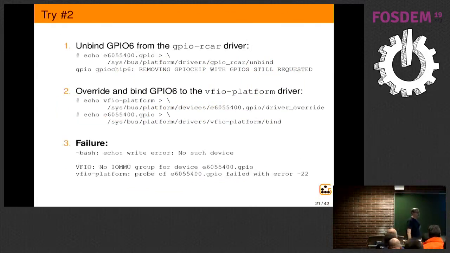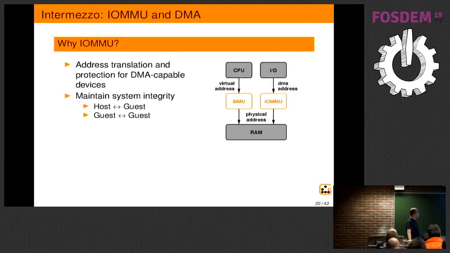Oops, we need the IOMMU group. As I said before, the IOMMU allows using devices from a guest, devices that use DMA and will read and write from memory. Of course, you want to prevent the device controlled from the guest from accessing memory that's not allocated to the guest.